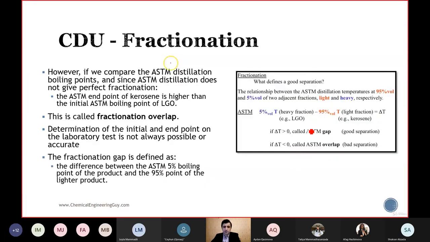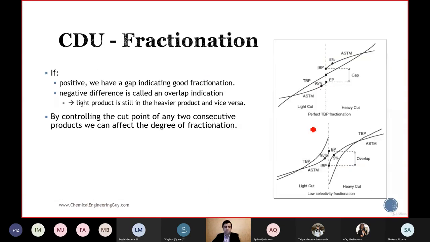I will skip this one because we don't have much time for this one. So what is it about briefly? Fractionation is done based on the boiling points. And we have a light cut here, we have a heavy cut here. So if we have a gap between light cut and heavy cut, that is perfect.